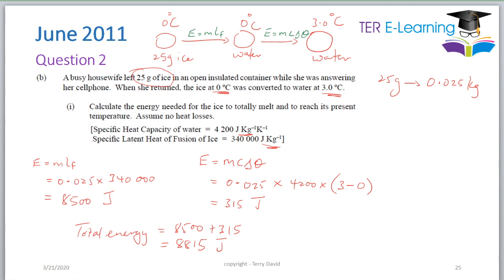Usually when they give you thermal physics calculations, it's worth some marks. So let's see. Yeah, so this part of the question is actually worth 6 marks.